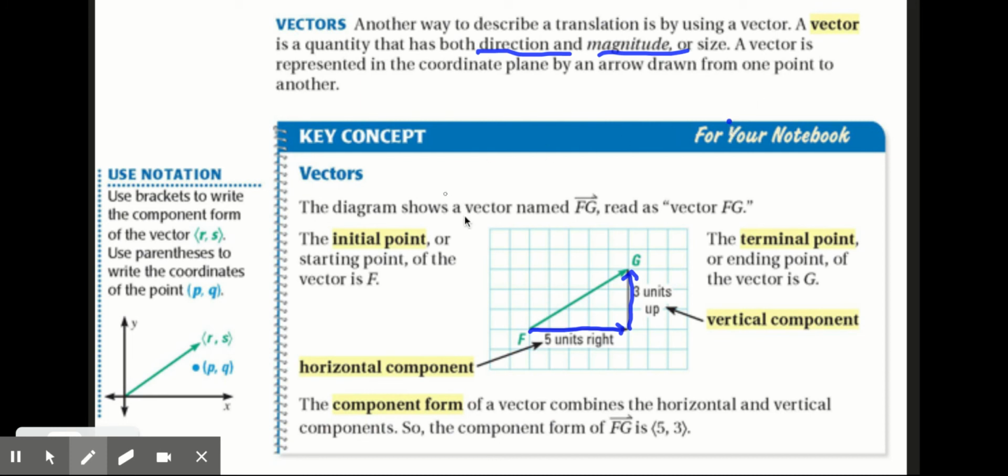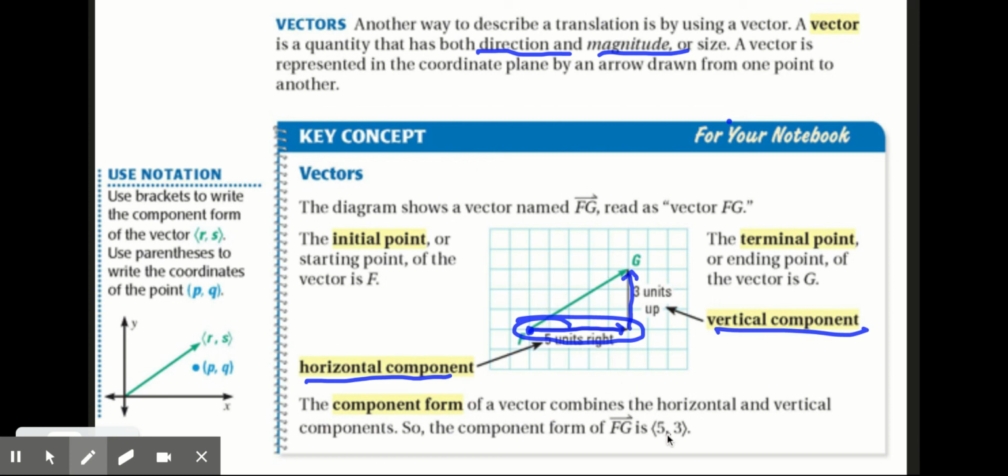A vector takes us from our initial point to the terminal point by using a horizontal component and a vertical component. That doesn't mean this is technically not a vector. It just is one where it has a horizontal component of moving 5 units to the right and a vertical component of nothing. It doesn't go up or down. So you can consider anything a vector. It doesn't have to be diagonal to be considered a vector.